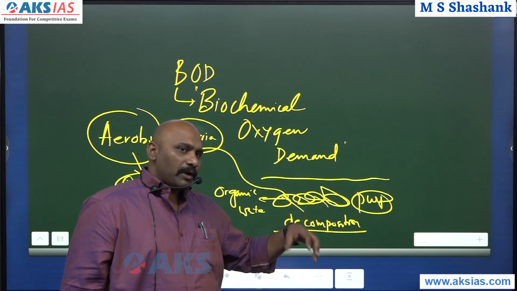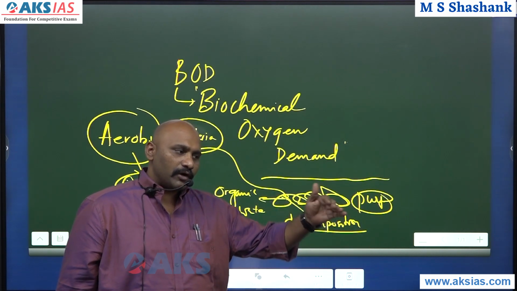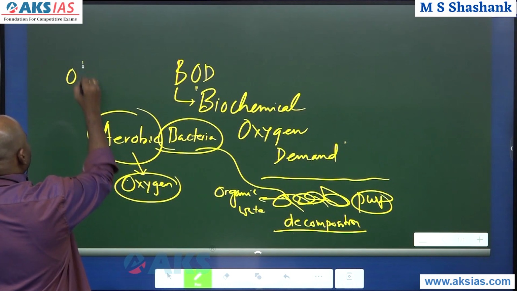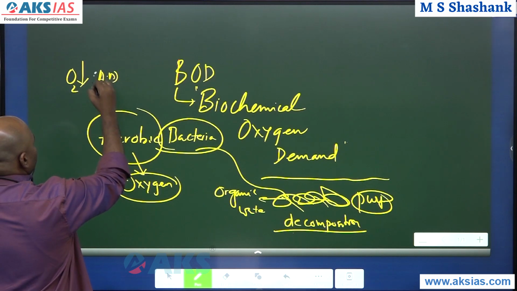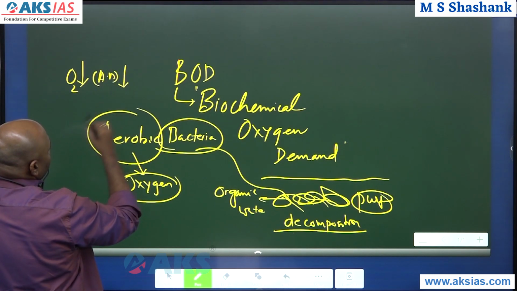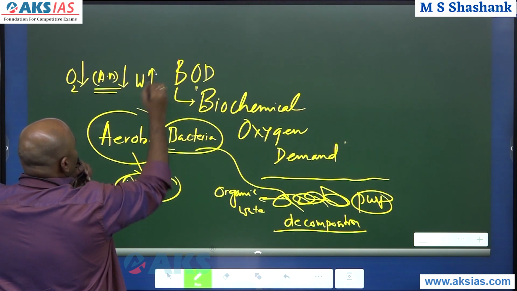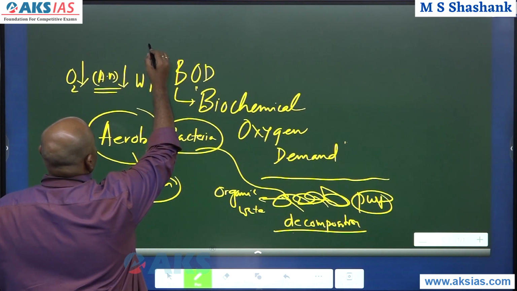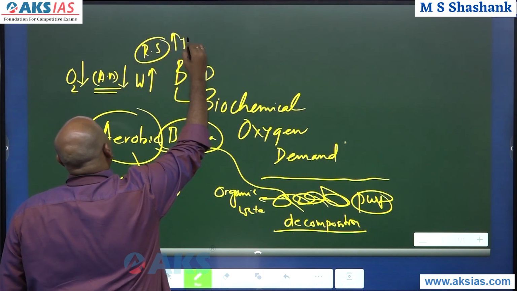But the real problem is if more wastage is there in the river system, the amount of oxygen will reduce. Once the oxygen reduces, aerobic bacteria will die, they are reduced. If aerobic bacteria is reducing, the wastage will keep increasing, and the river systems will get more polluted.